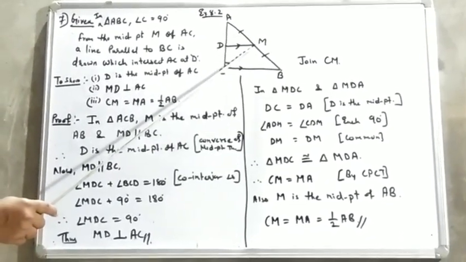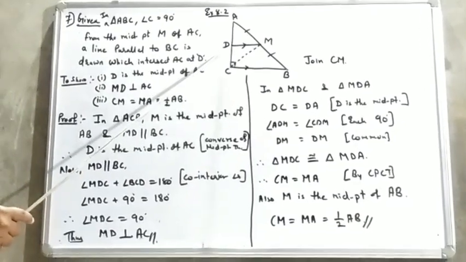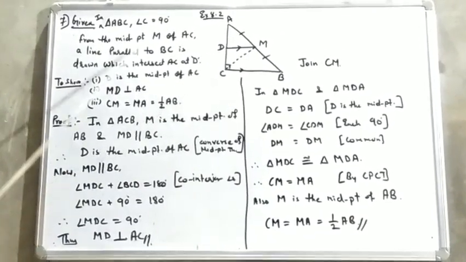From M, we have drawn a line which is parallel to BC.